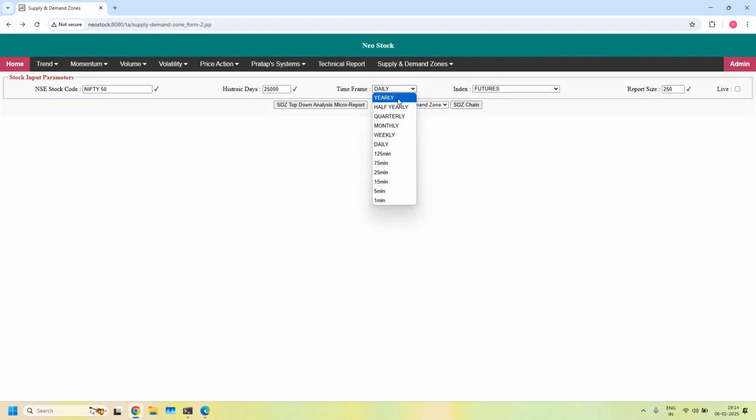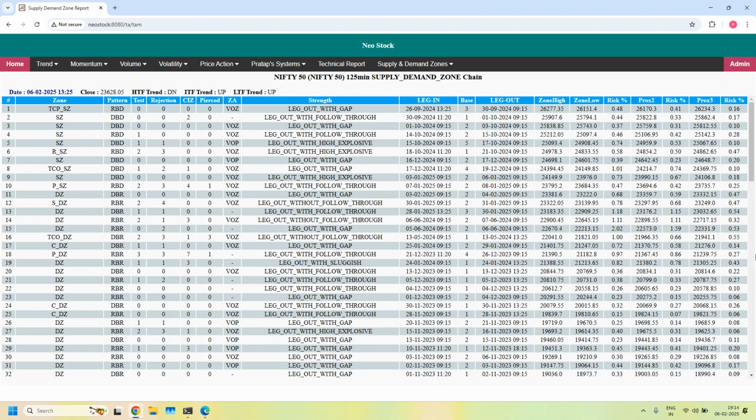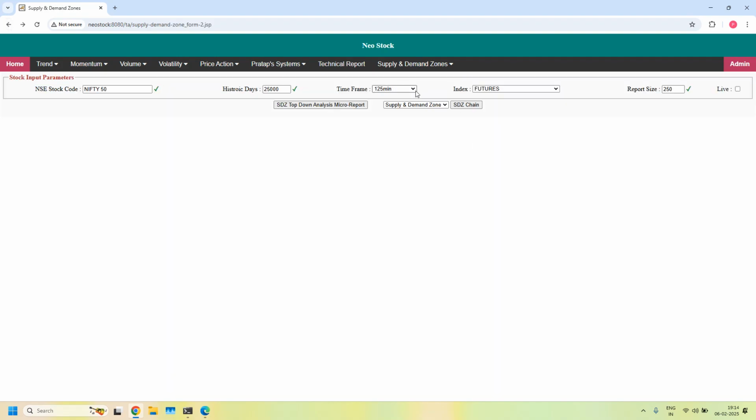Next, 125 minute supply demand zone chain for NIFTY. Next, 75 minute supply demand zone chain for NIFTY.